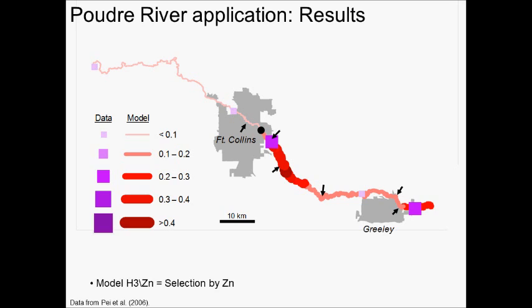Here's just another picture of this. This shows the zinc co-selection case, a GIS map of model and data. So the model river segments here are colored and sized based on the model predicted resistance, and the data are also shown here with the symbols.